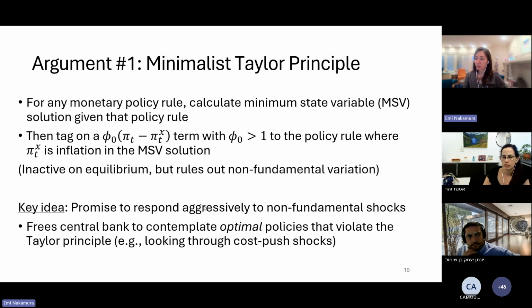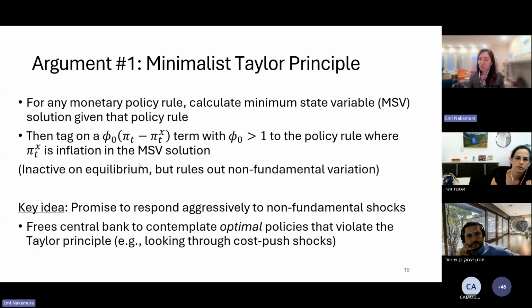The first argument is sort of technical, so I'm not going to go into the details. But the basic idea, for those of you who may have solved some of these models, is that for any monetary policy rule in a monetary model, even one that doesn't satisfy the Taylor principle, you can always calculate the minimum state variable solution to the model, where you're assuming that the economy is only responding to fundamental shocks.